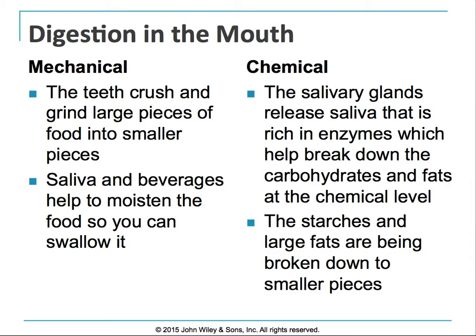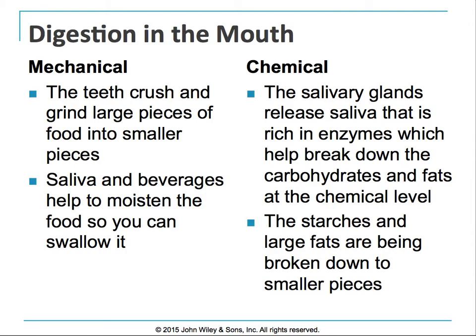So in your mouth, mechanical digestion works on all macronutrients. So mechanical digestion, the movement of your teeth to crush and grind larger pieces of food, that's going to work on carbs, fats, and proteins. Also, saliva and beverages help to moisten the food so that you can easily swallow it.